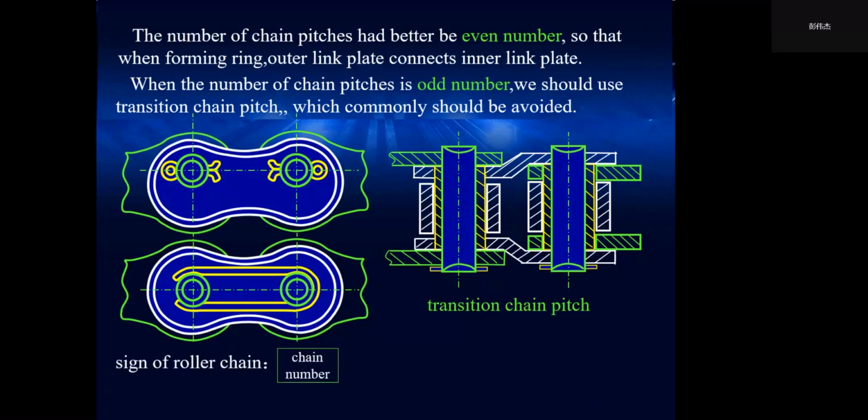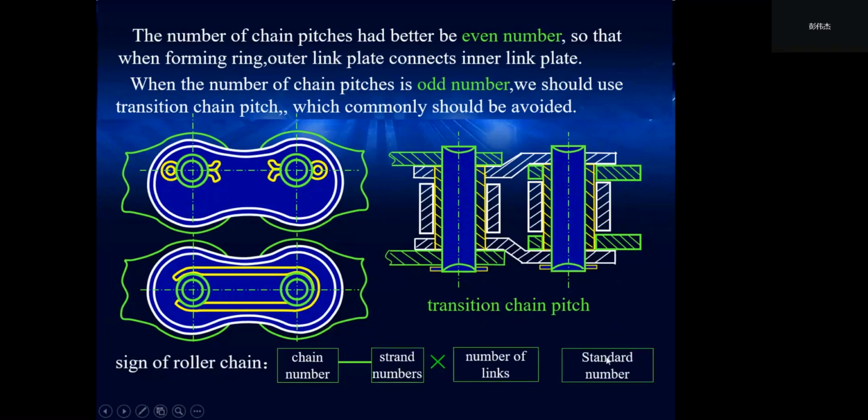Roller chains are standardized products. In China, the designation is indicated by chain number, number of strands, number of links, and standard number.